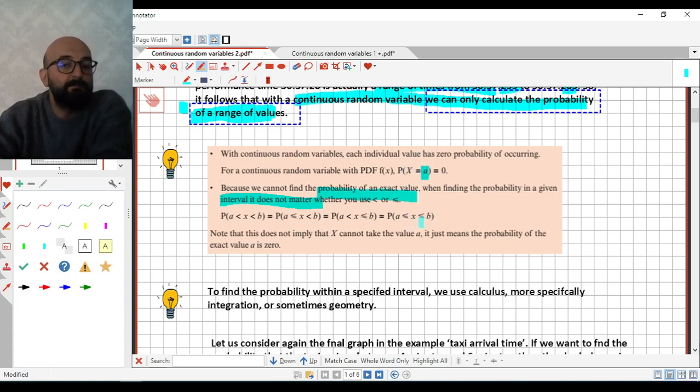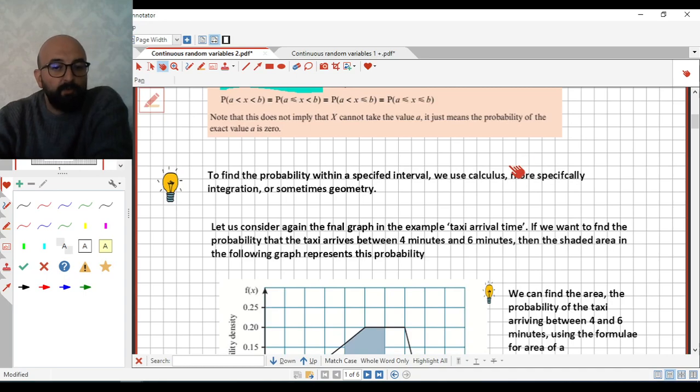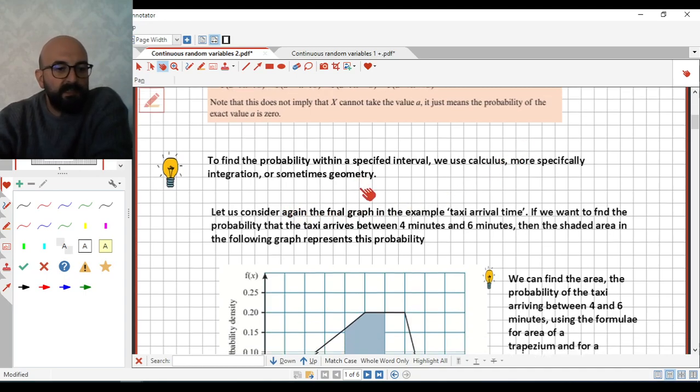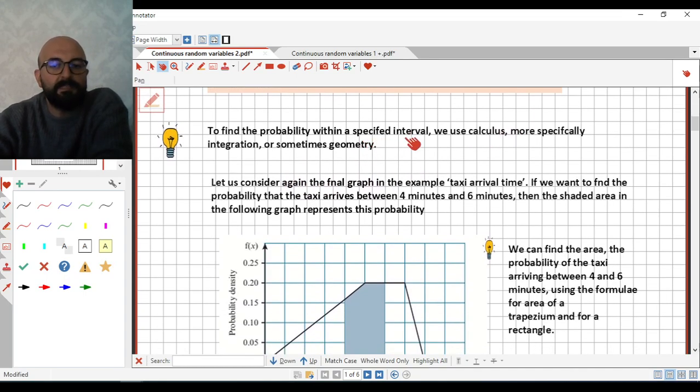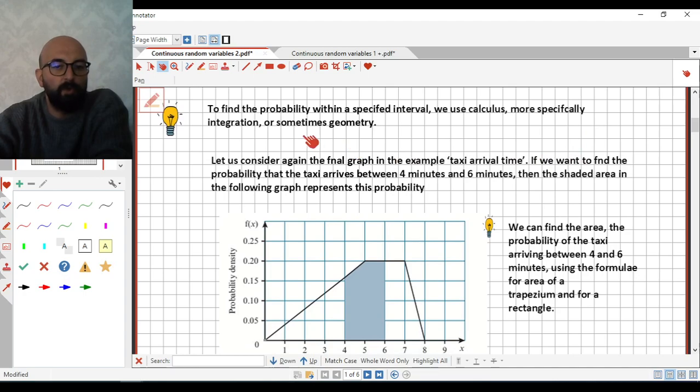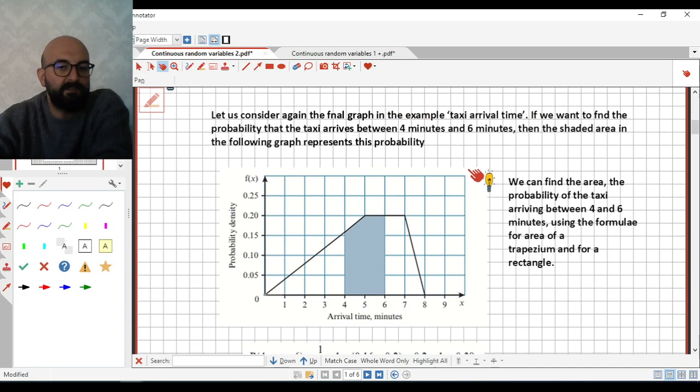So it doesn't matter whether we have the equal sign or not. Okay. Now, to find the probability within a specific interval, we use calculus, more specifically integration, or sometimes geometry.